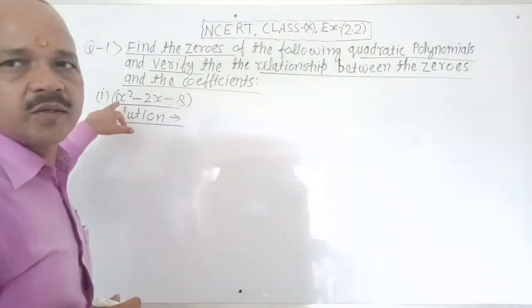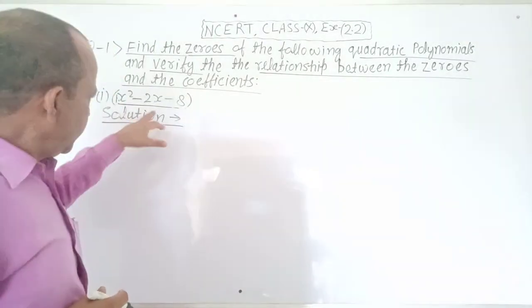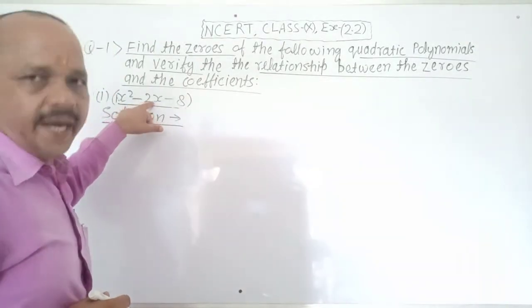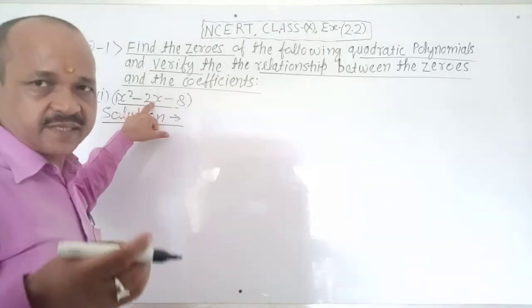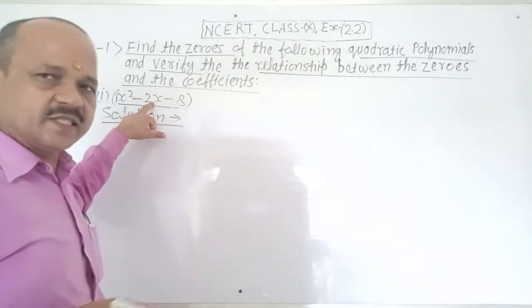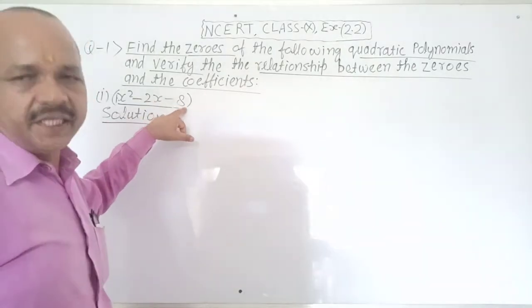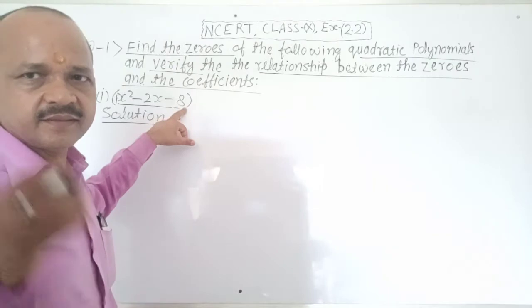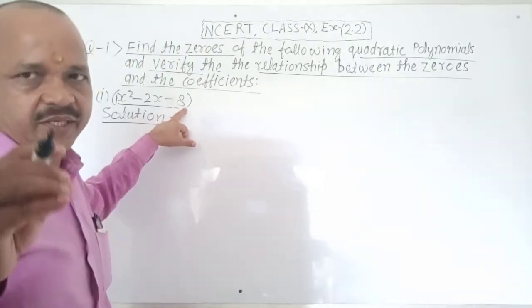It means the coefficient of x square is 1. Here the number in front of x is minus 2. It means its coefficient is minus 2. Here minus 8 is the constant term. Clear? No confusion about it. Very good.